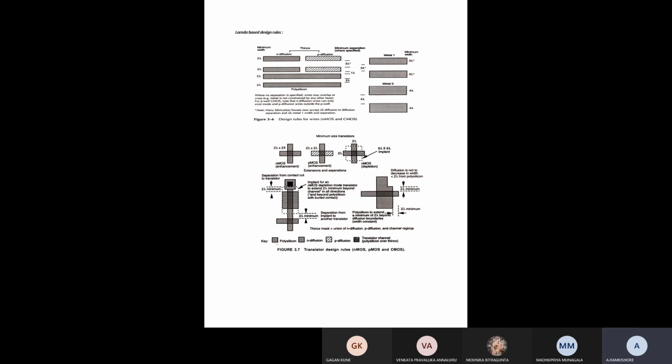For n diffusion, the indication is right-inclined lines with a closed space within the rectangular box. So the minimum width we have to maintain for n diffusion is 2 lambda, and for p diffusion also 2 lambda.